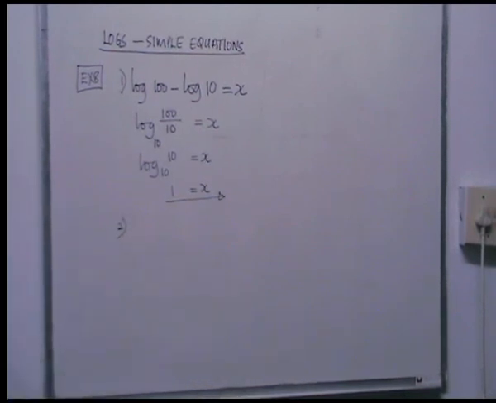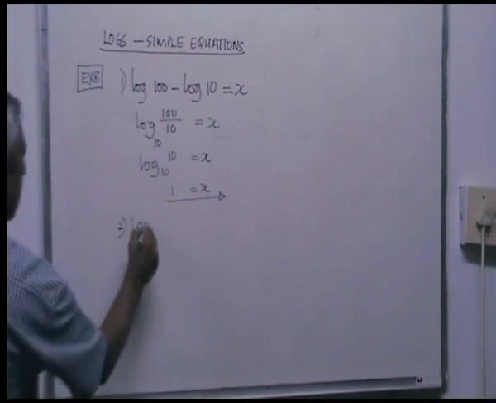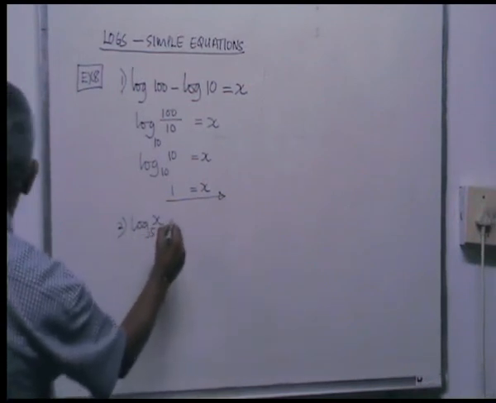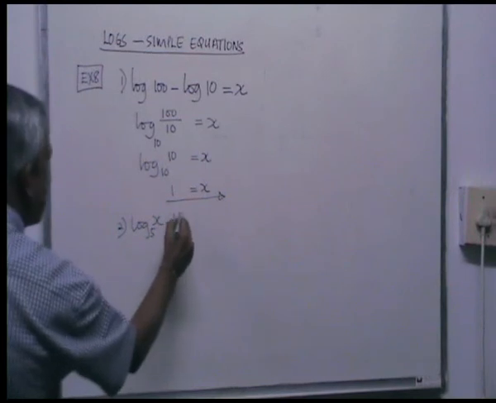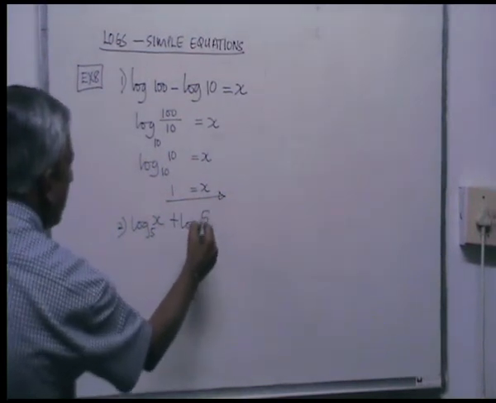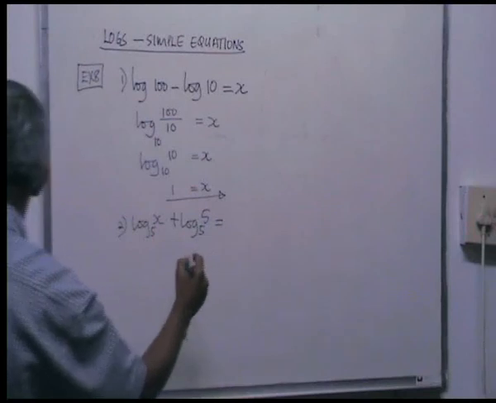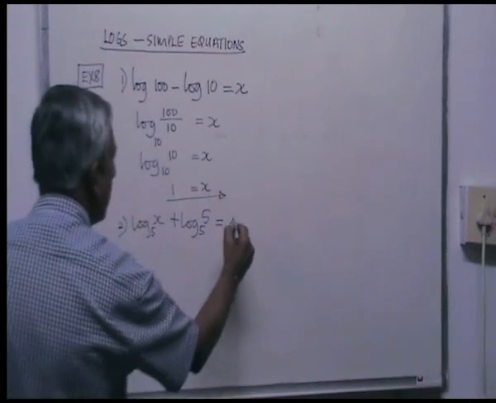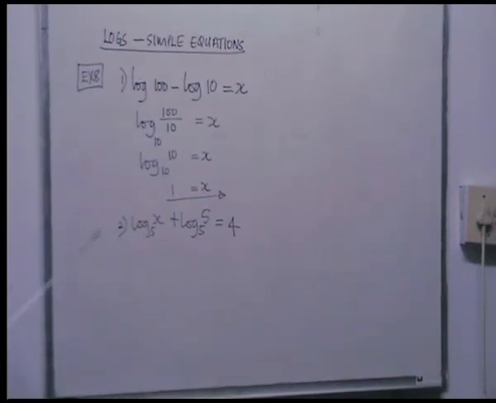Right, let's look at number 2. You had log of x to the base 5 plus log of 5 to the base 5 is equal to 4. Now remember, there's many ways to solve these equations.